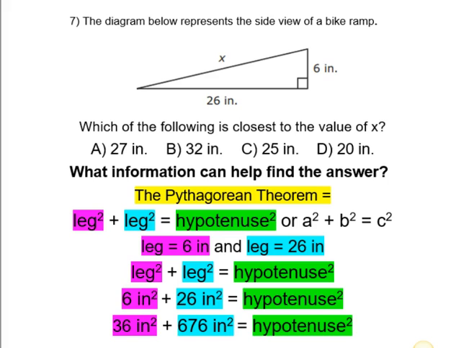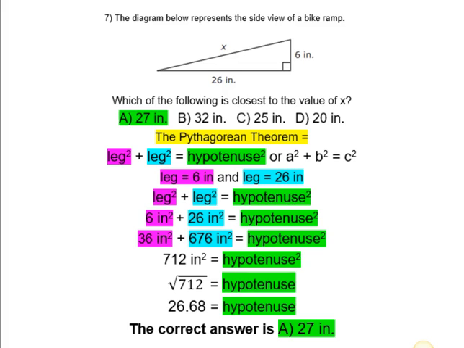Now to find our hypotenuse, we must find the square root of those two numbers combined together. 36 inches squared plus 676 inches squared is equal to 712 inches squared.